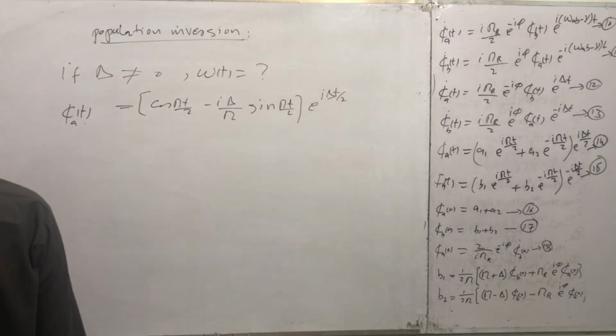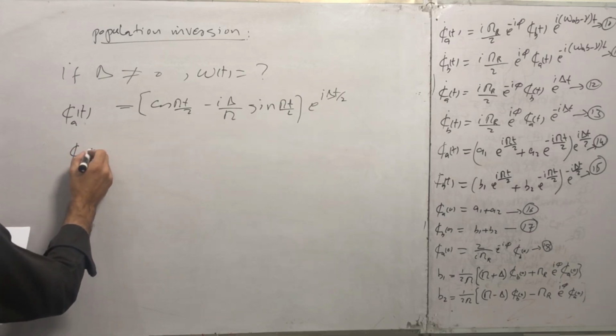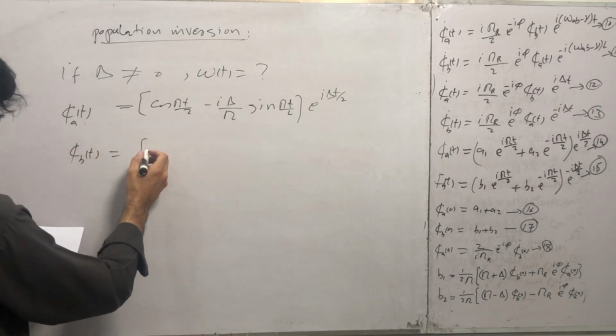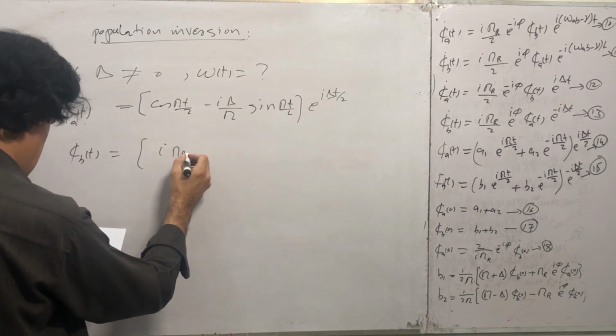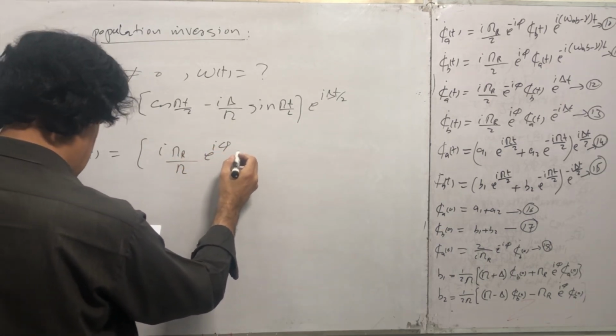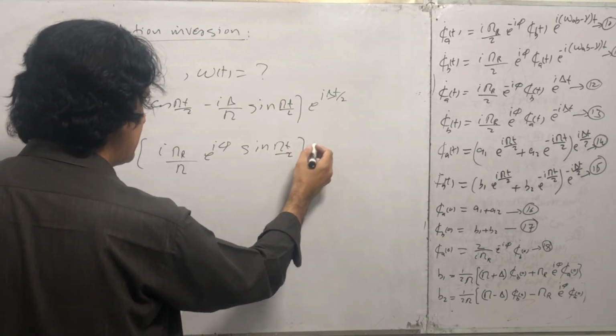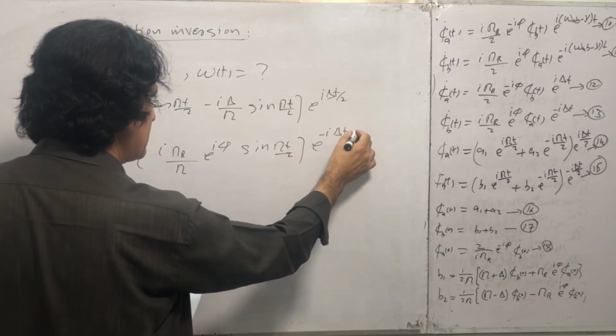And the probability amplitude of B is i omega_r divided by omega, e to the power i phi, sine of omega t divided by 2, and e to the power minus i delta t divided by 2.